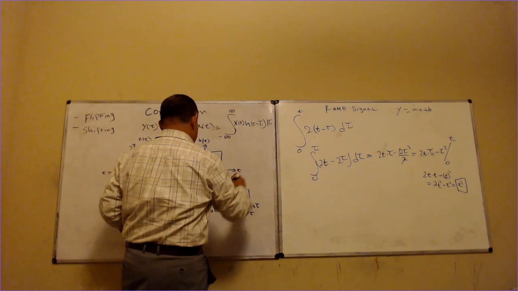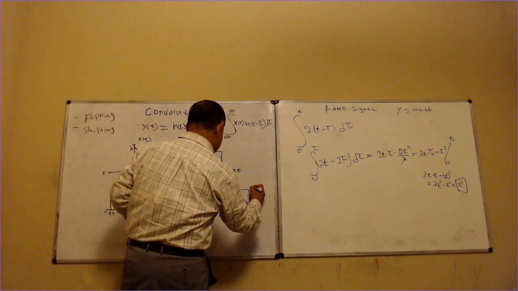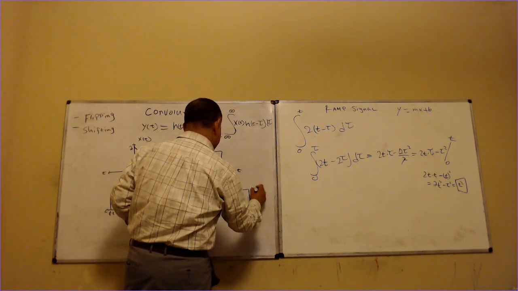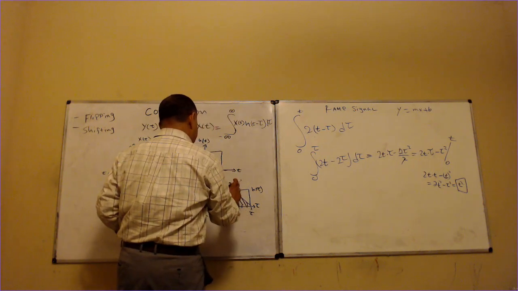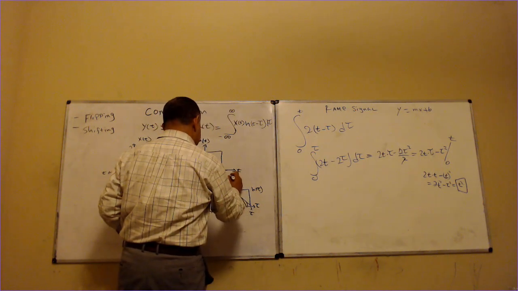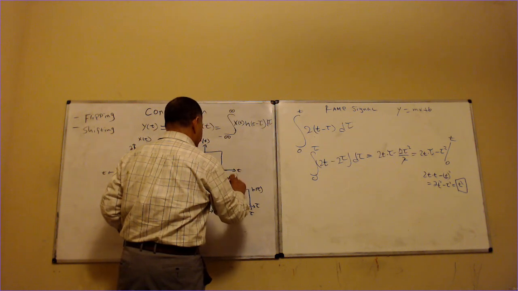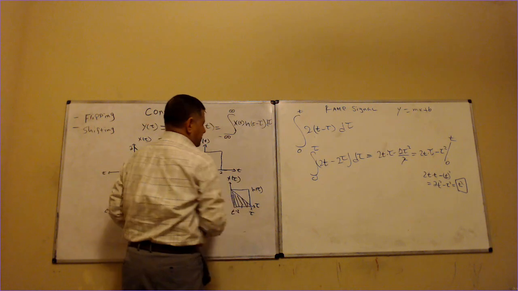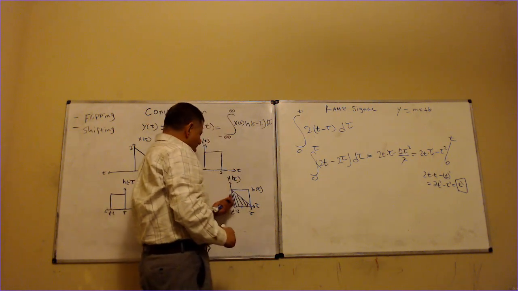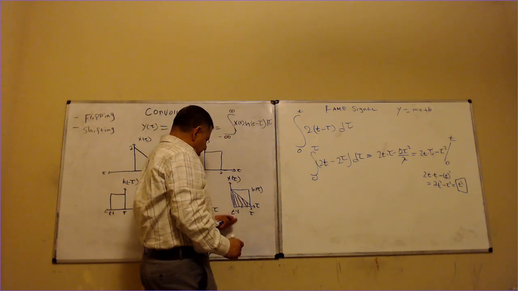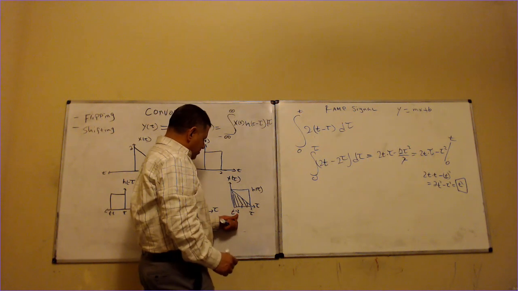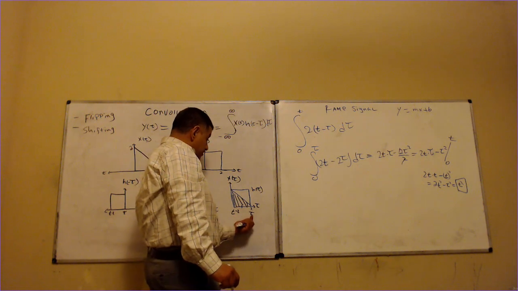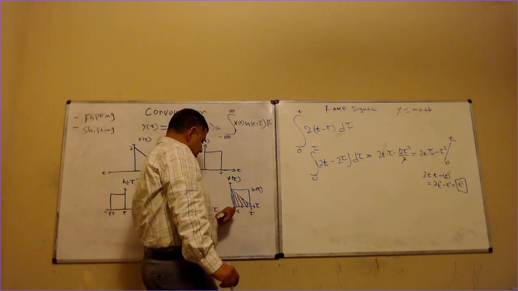And this is h of tau, minus tau, and then this one is x of t, s of tau. Everything is with respect to tau. So now what I can do is integrate from this, but this is sitting at 0, so I don't even have to count that. What I need to count is this and this.